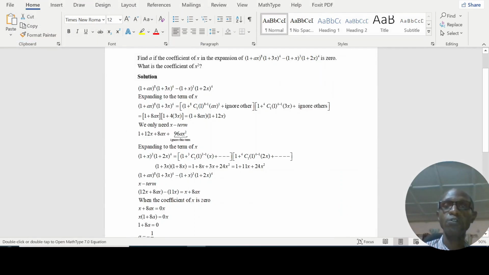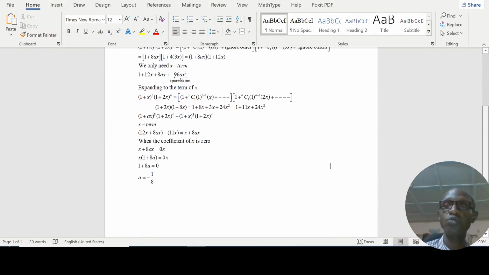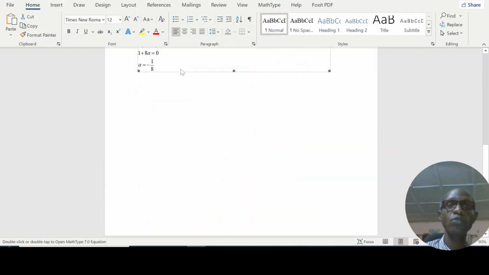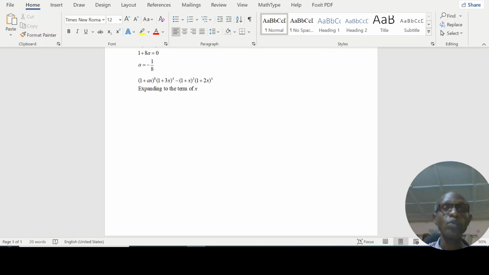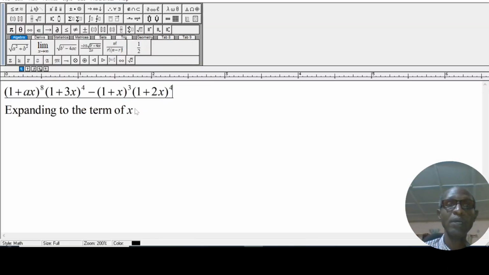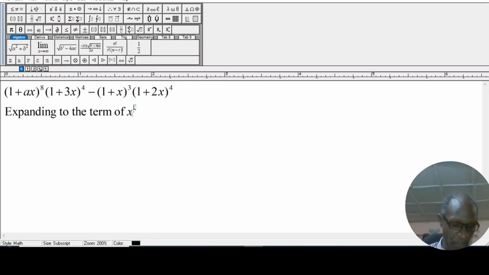So this is the first phase of the question. Now the second phase of the question, which we want to look at now. So we are asked to find x squared. So I'm going to open up this, expanding to the term of x squared on both sides.